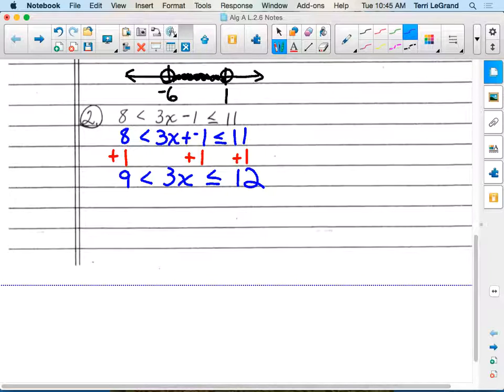Okay. What should we do now? Divide the 3 into all regions. Okay, let's say it right. Divide all 3 regions by 3. Good job. 9 divided by 3. 3x divided by 3. 12 divided by 3. Okay, go ahead and write what you think is the final answer here, the solution, on your papers.